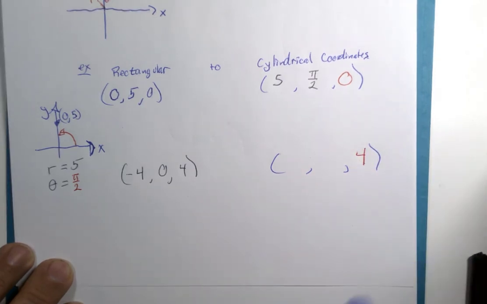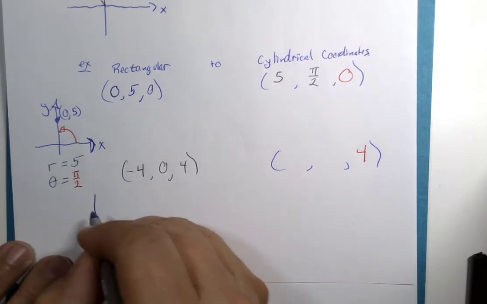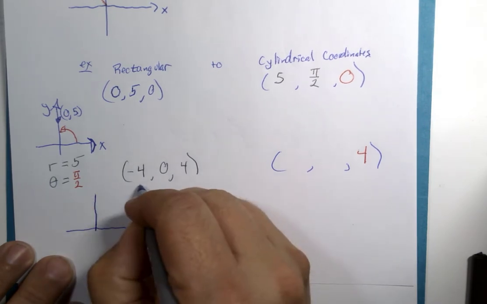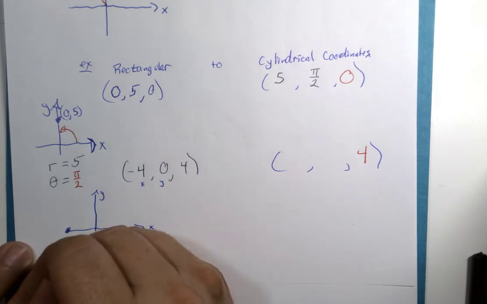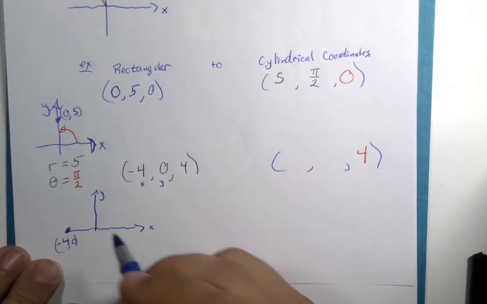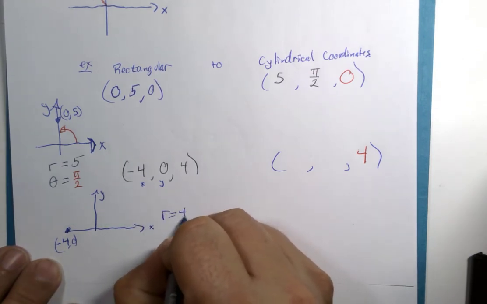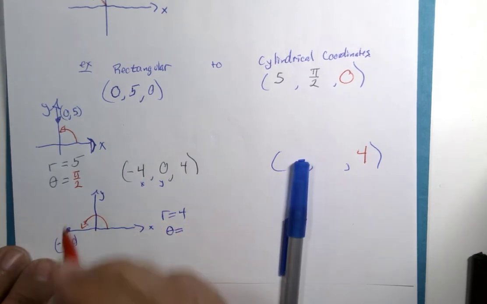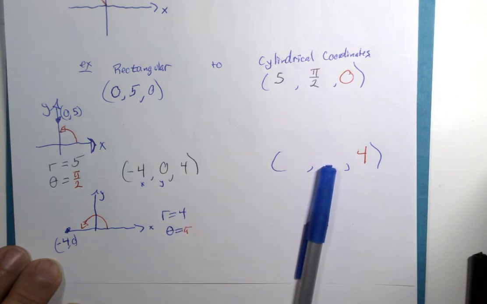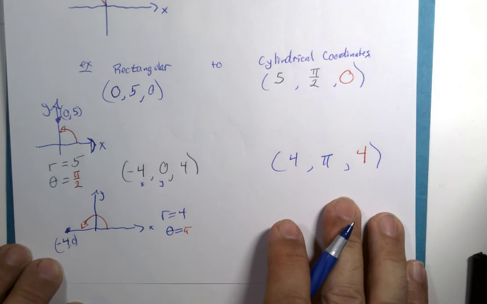And if I'm willing to sketch out a little graph here, there's x and there's y, y-axis, x-axis, negative 4, 0 in the xy plane. Well, I can tell you right now that my radius is 4 and my theta is, have you figured it out? That's right, we'll call theta equal to pi. So (4, pi, 4). The z coordinate is a distraction for us.